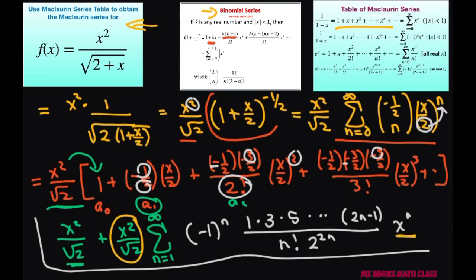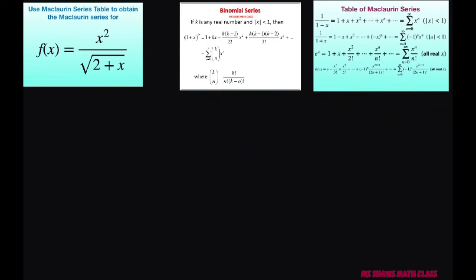When I do that, this is going to turn out to be x to the n plus 2. And then also multiply through by square root of 2. So let's do that. We're going to get x squared divided by square root of 2, and now I'm multiplying through. So we're still starting at n equals 1 to infinity.